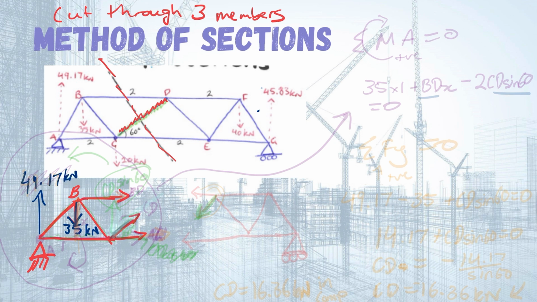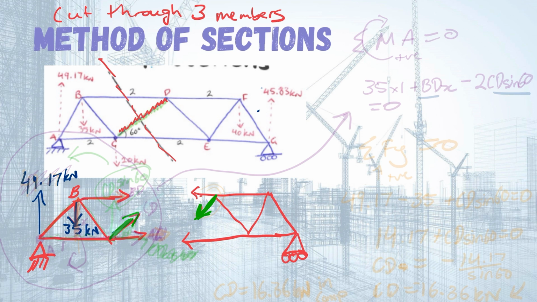Or you could take it from the other side, and you could go like this. Have your little roller support there, down to E, up to D, cuts through there, and you end up with something looking like this. In both of these, this is going to be the one that we're trying to find in this half, and in this half, this is the one you're trying to find. So you'll see how they match up like that, about where the cut is taken.